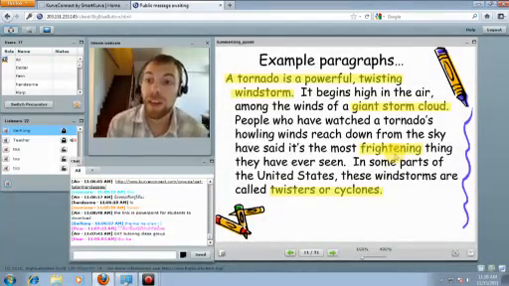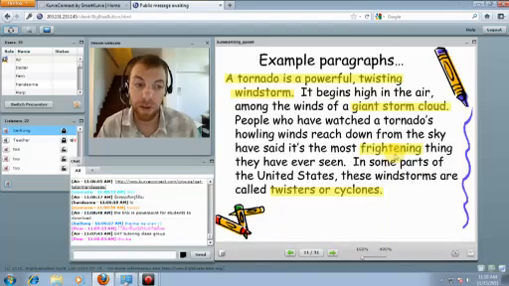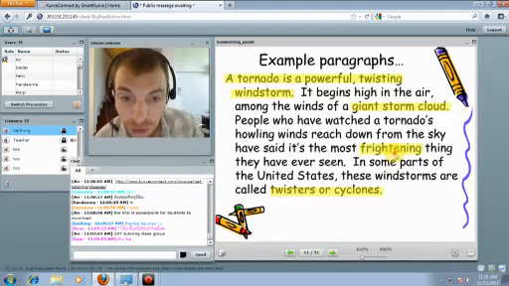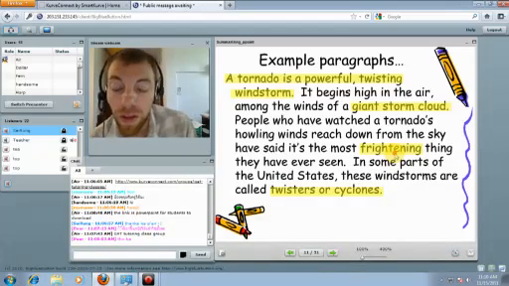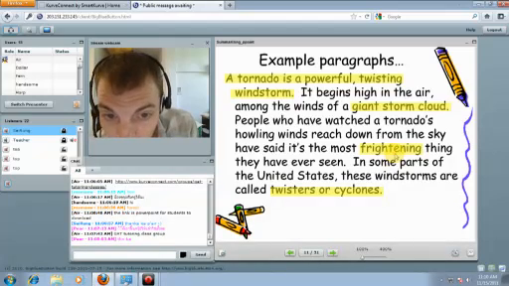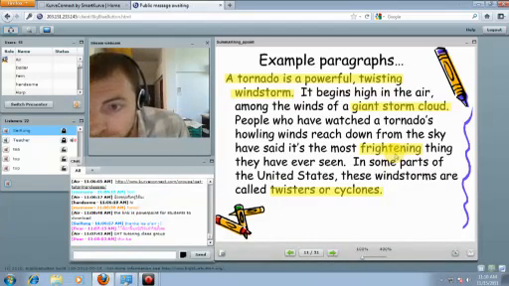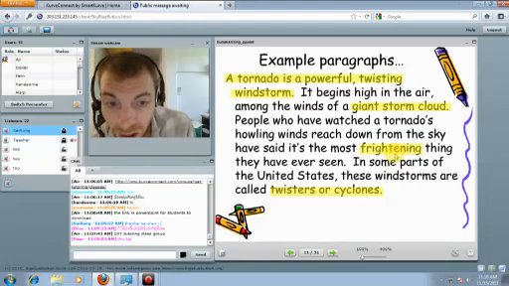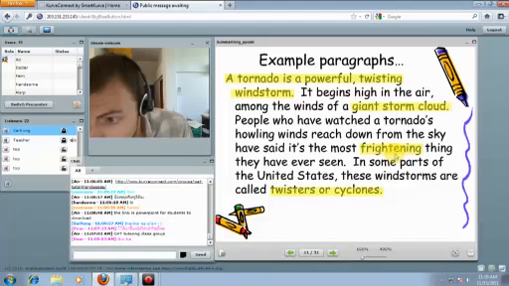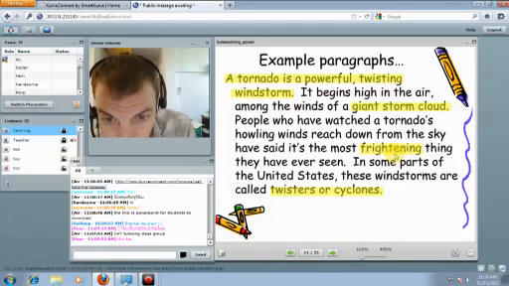Here is our example paragraph. I want everyone to please read along quietly to themselves. First, a tornado is a powerful, twisting windstorm. It begins high in the air among the winds of a giant storm cloud.